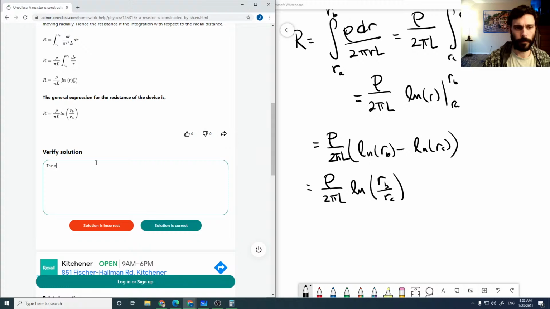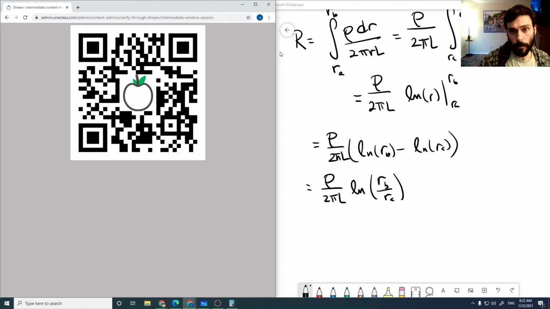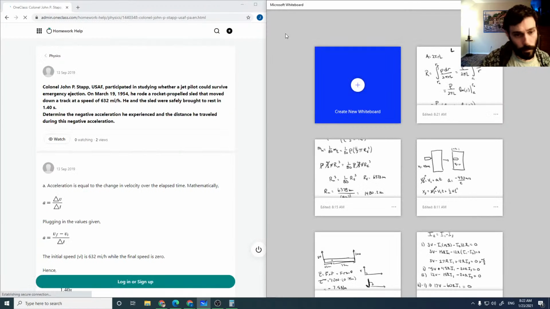So the initial integration assumes incorrect areas, and it should be a factor of 1/2. So I believe that's okay.